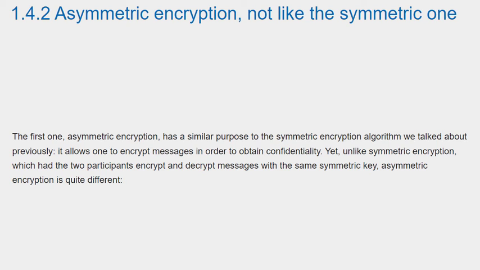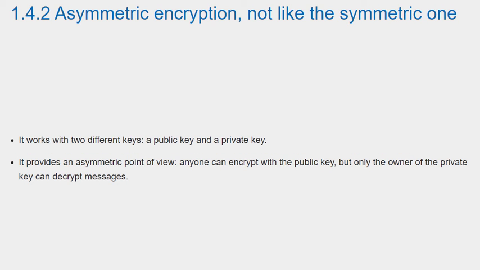Yet, unlike symmetric encryption, which had the two participants encrypt and decrypt messages with the same symmetric key, asymmetric encryption is quite different. It works with two different keys, a public key and a private key. It provides an asymmetric point of view. Anyone can encrypt with the public key, but only the owner of the private key can decrypt messages.